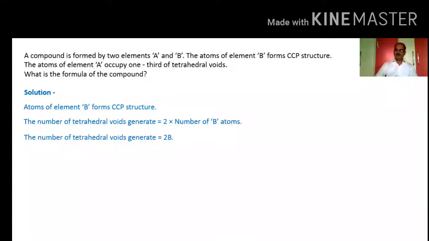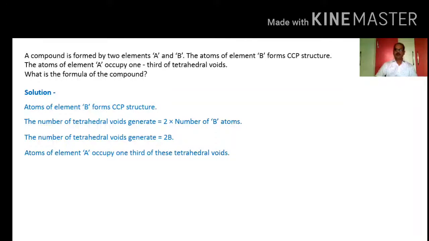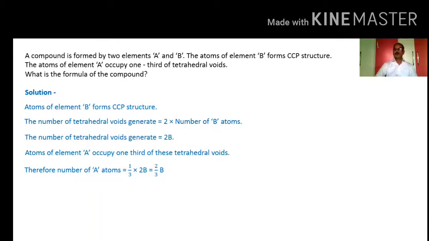So, the number of tetrahedral voids generated will be 2B. Now, atoms of element A occupy one-third of tetrahedral voids. Means number of atoms A will be one-third of 2B because tetrahedral voids are 2B. So it will be 2/3 B.